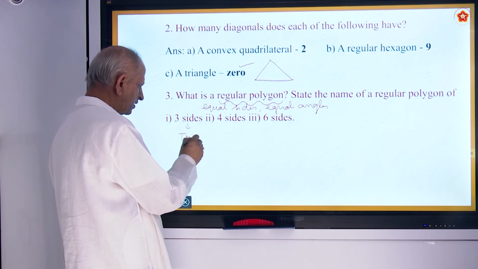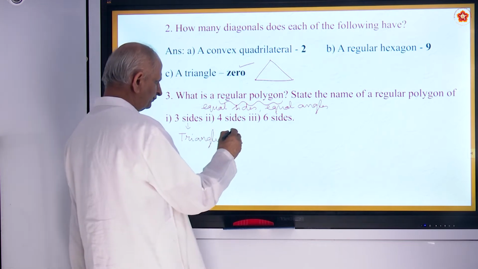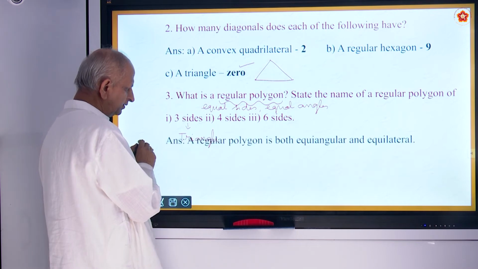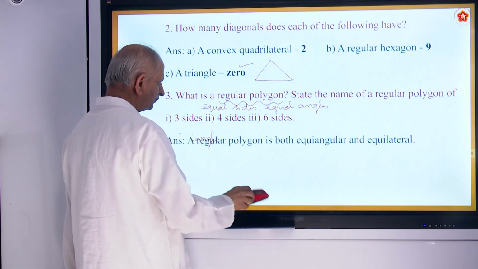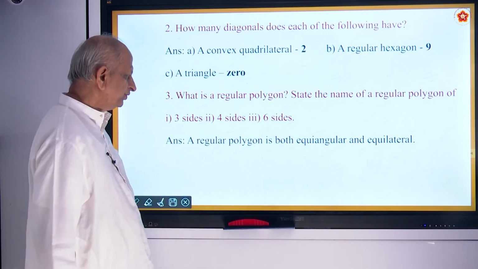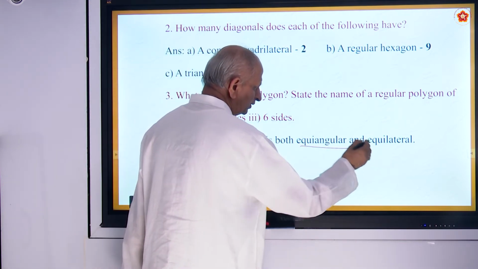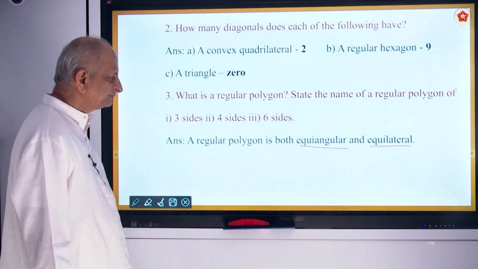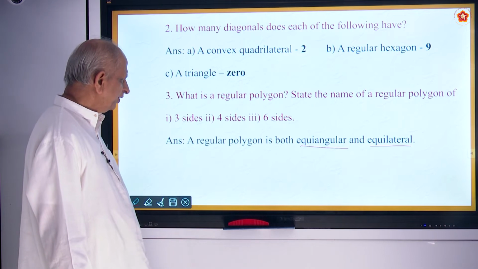Triangle. It is an equilateral triangle, not just triangle. So you have both equiangular, meaning all angles are equal, and equilateral, meaning all the sides are equal. And now you have to name them.